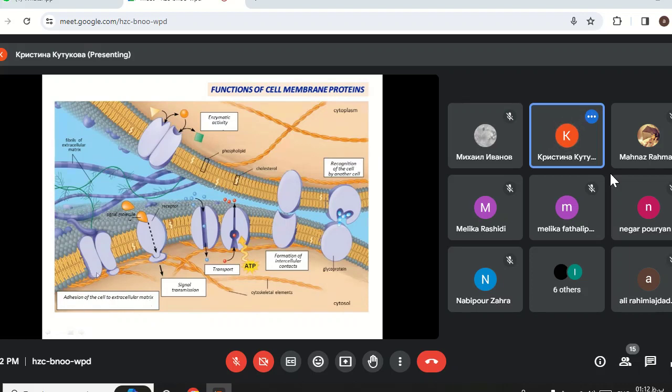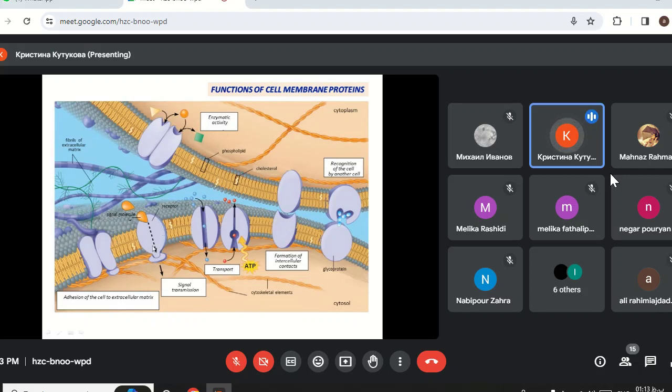As you can see here, the integral protein is attached to the glycoprotein or adhesion protein of extracellular matrix, and this glycoprotein binds the cell surface to the collagen fiber here, and also to the proteoglycan chain with the hyaluronic acid inside it, in its core, etc. So one of the functions of such protein is adhesion of cell to extracellular matrix components.